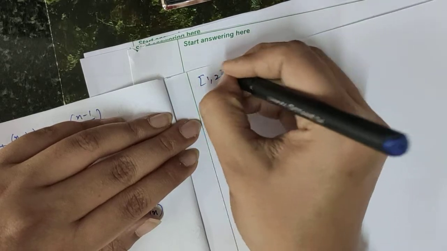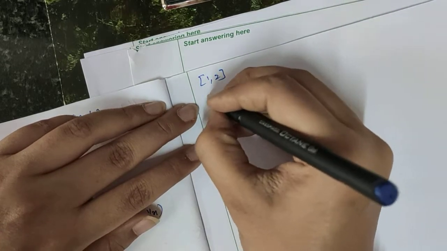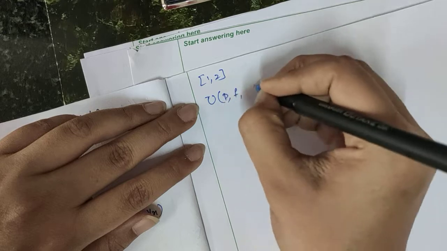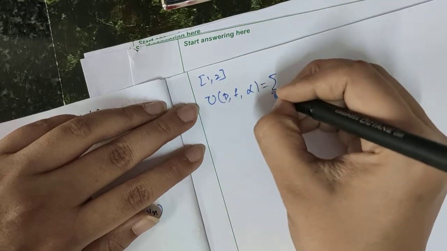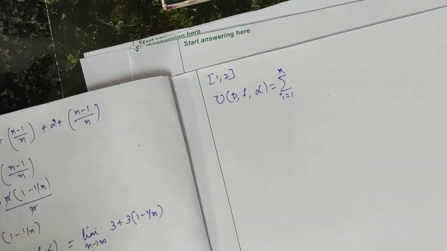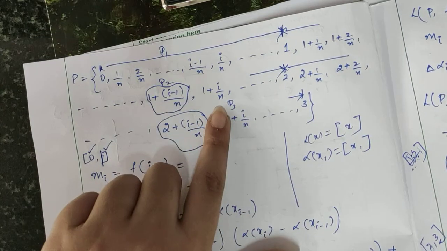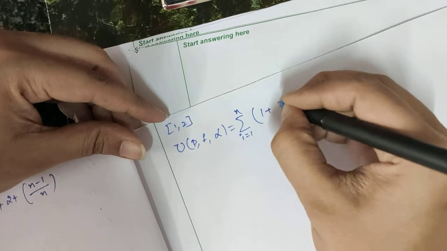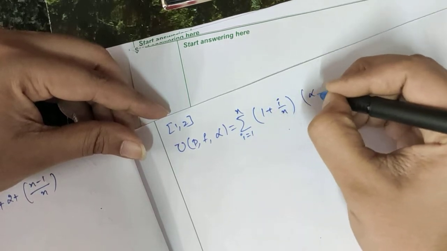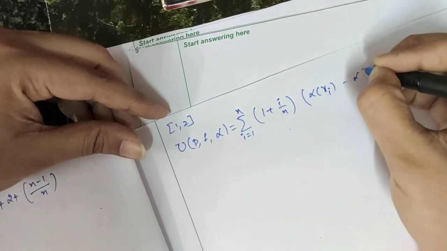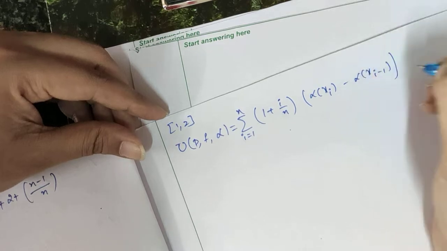Similarly we have to do it for 1 comma 2. So U of p comma f comma alpha is equal to summation i equal to 1 to n. Now you have to use this 1 plus i by n. So 1 plus i by n into alpha of xi minus alpha of xi minus 1.